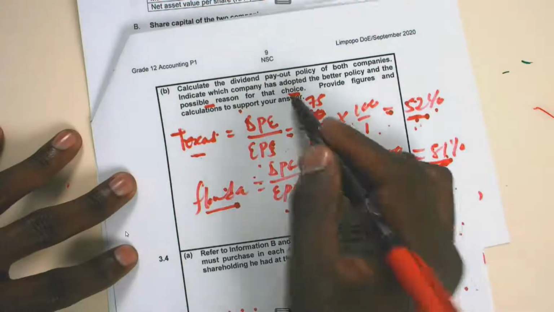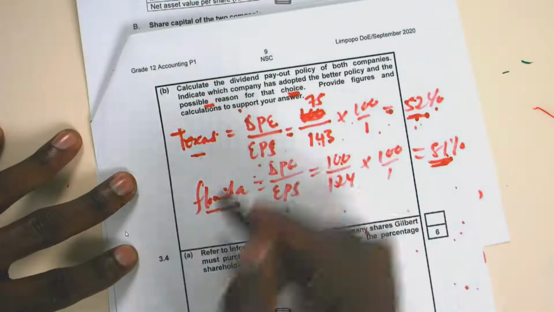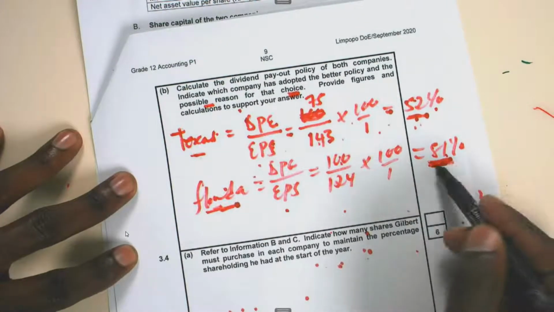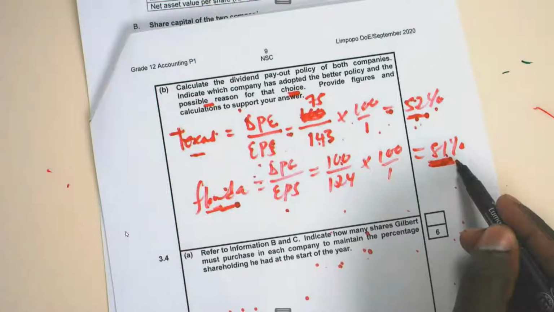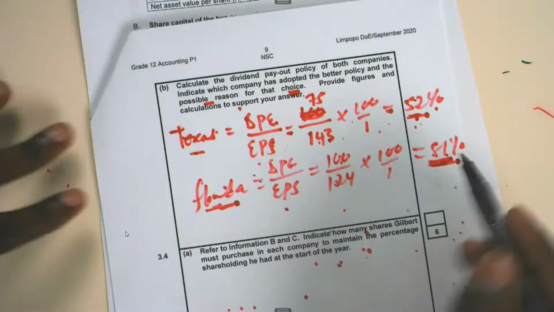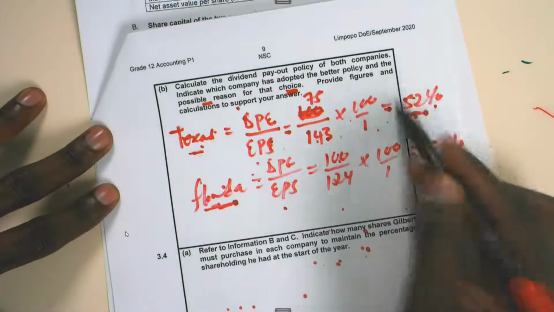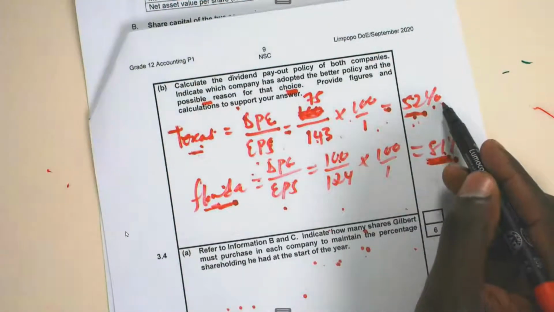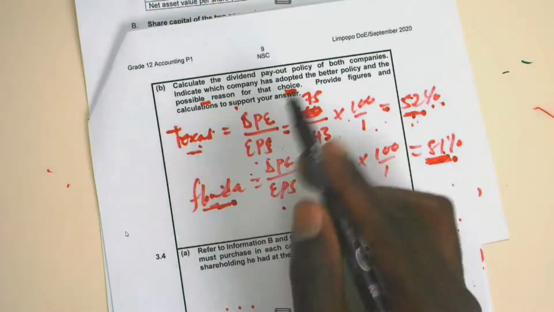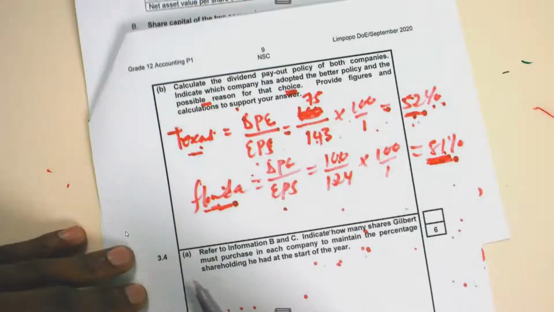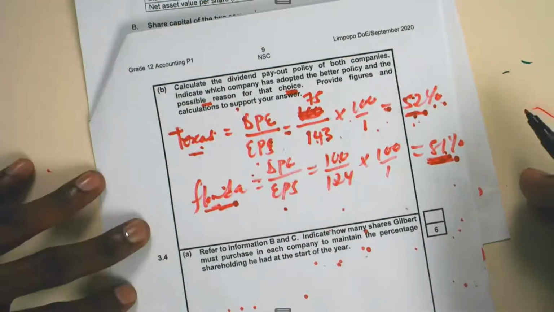The choice of Florida of paying 81% was because they wanted to satisfy the shareholders. They paid more profit towards the shareholders instead of keeping it in the company, while Texas paid less profit to the shareholders and decided to keep more money for the future profit.